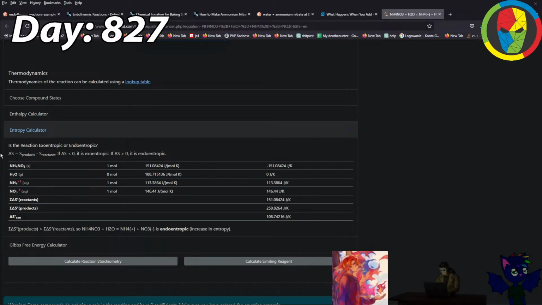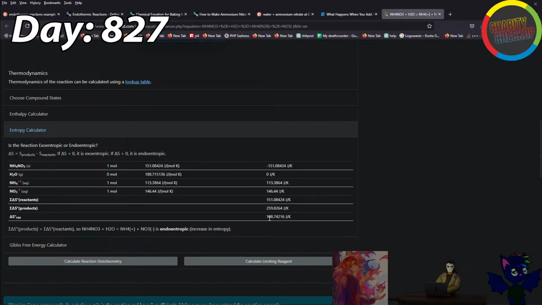I'm just looking at my entropy lectures. Yeah, so entropy goes up 100 joules per Kelvin. Wait, is it 100? What is this? They've just written the entropy of everything, and then you just subtract it.